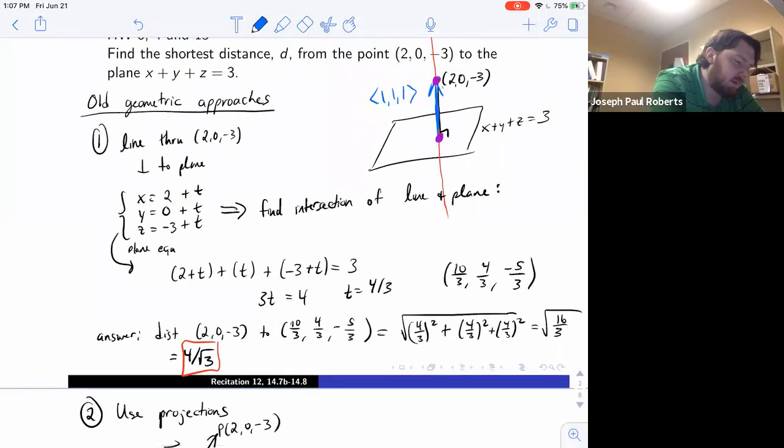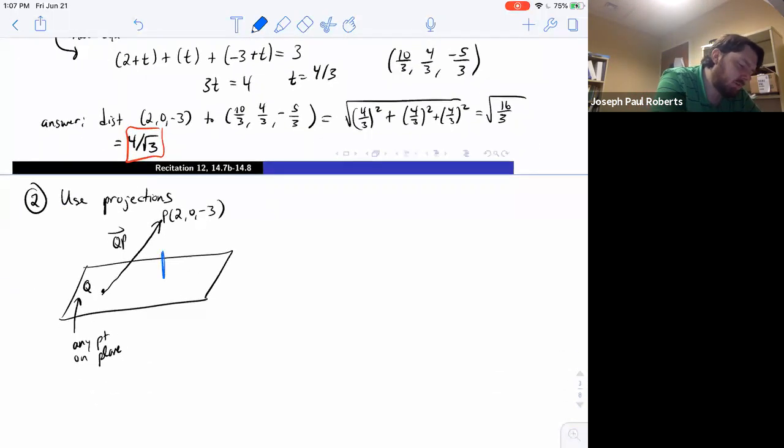onto N, and so yeah, I'm going to correct this a little bit. I'm going to make this blue vector a little bit shorter. We didn't know that that was the exact length between those points. So anyway, this blue vector 1, 1, 1, that's our normal vector of the plane. This is the distance we're after.